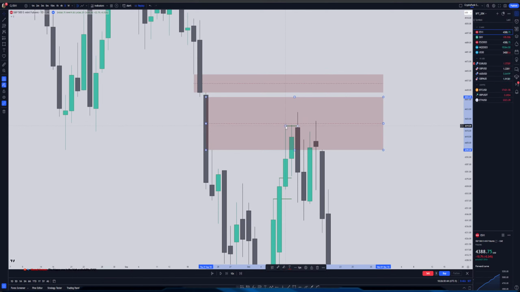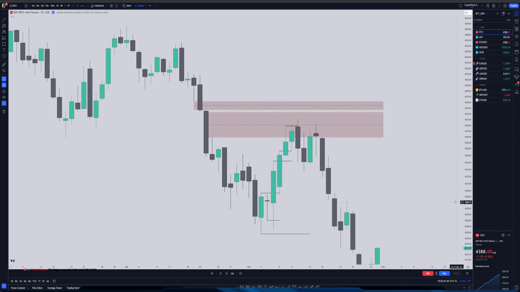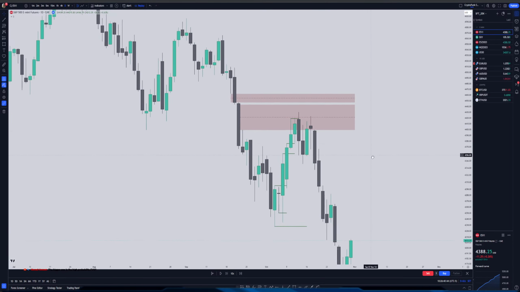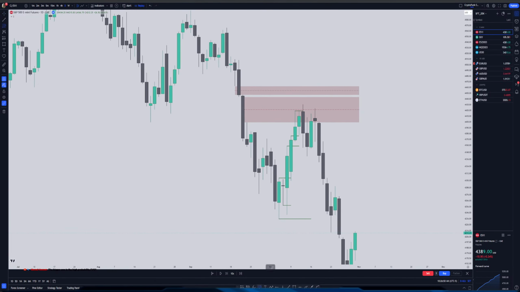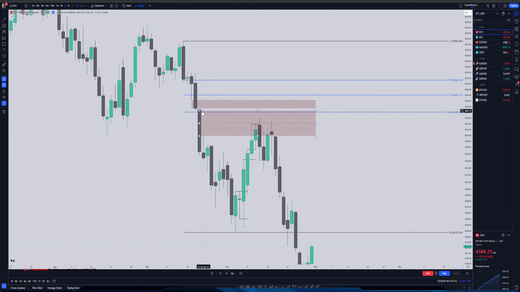Okay, is the bigger one the high probability FVG? Not really, because if you look here, let me draw some lines. This specific one was aligning beautifully with the optimal trading zone based on a higher time frame.